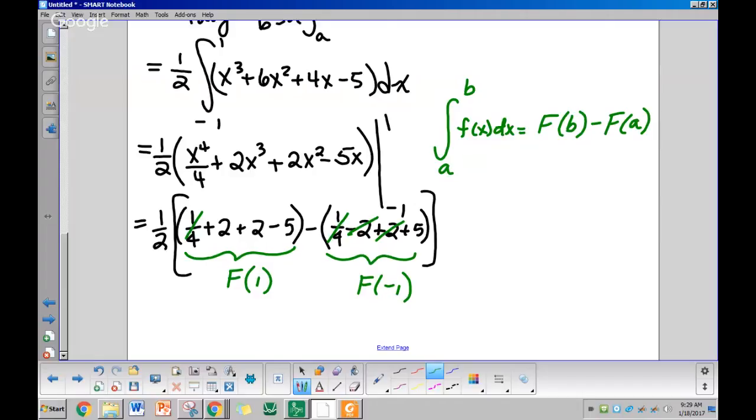And then this is 4 minus 5, -1, -1 minus 5, -6. Okay, so this is -6 halves equals -3, I hope that's the answer.